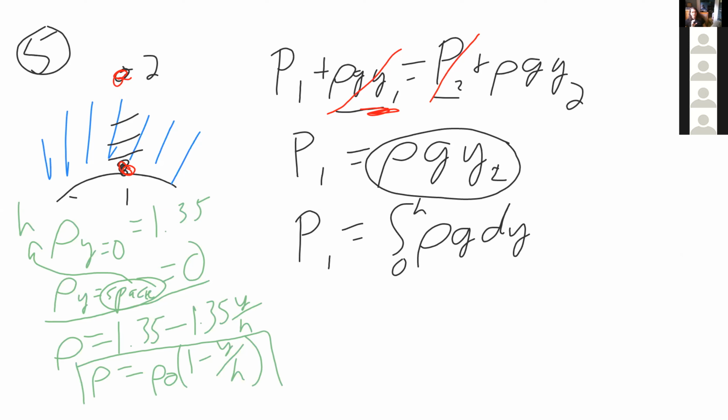To be very mathematically particular here, as we will need to be next semester in physics 2, I need to integrate anything that varies with the height. So I need to integrate rho or g.